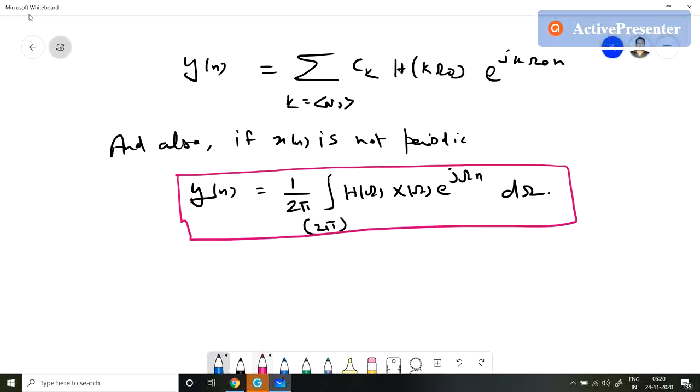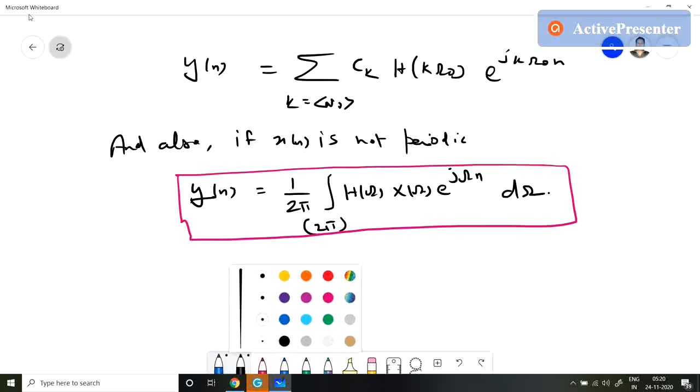Now let us consider the LTI system characterized by a difference equation.